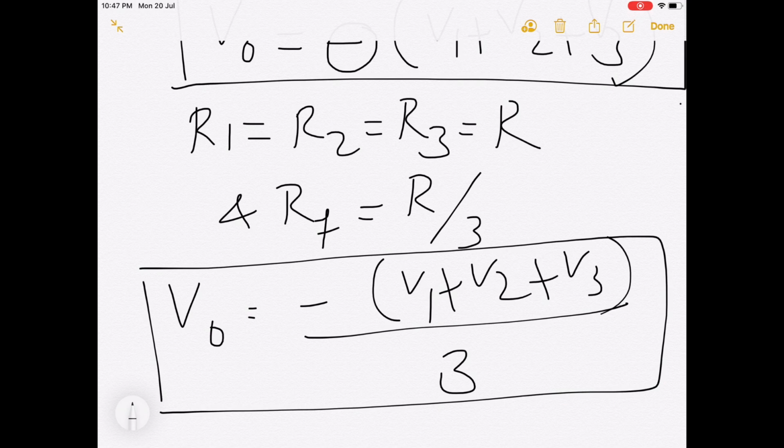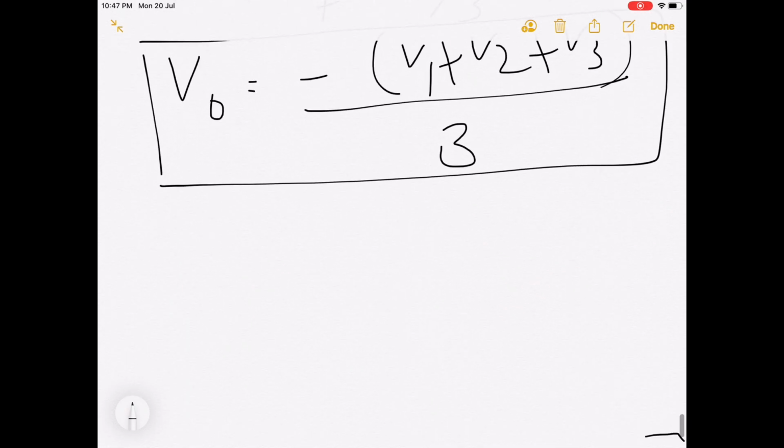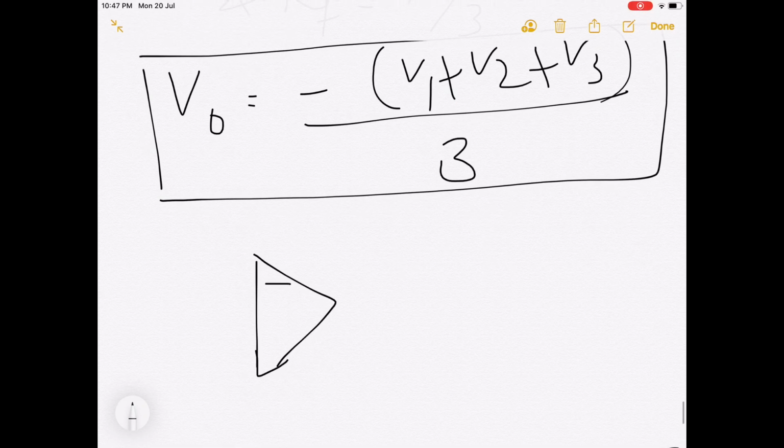Then op-amp as a non-inverting adder. Non-inverting means again input is applied at which terminal? Non-inverting terminal. So that's why it is called non-inverting adder. So here we are applying, suppose 2 inputs.